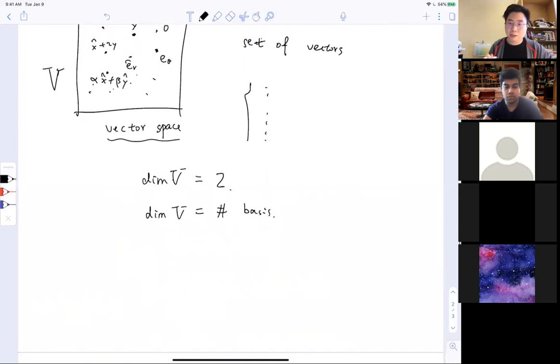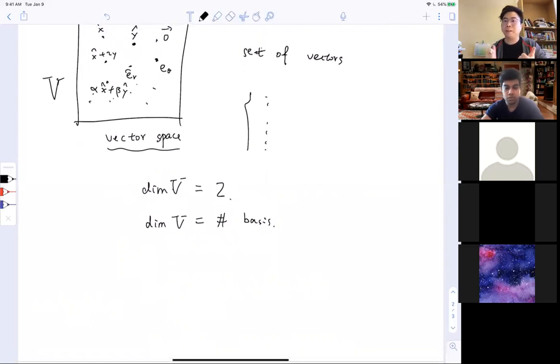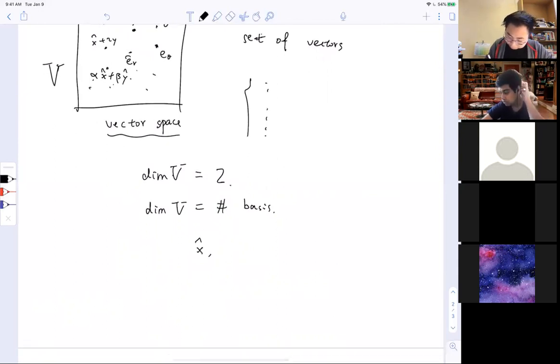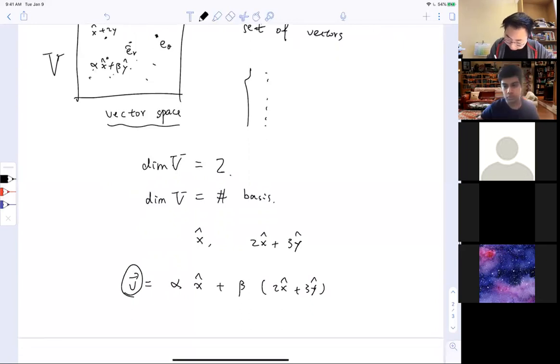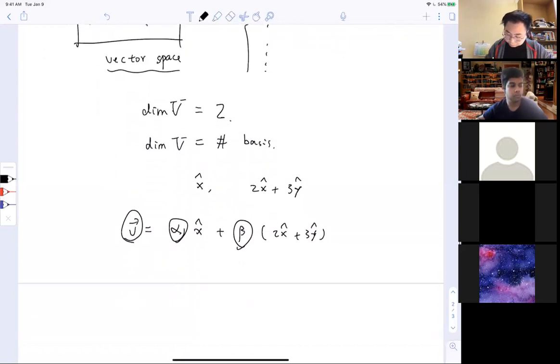In principle, we can choose any 2 linearly independent vectors as bases. For example, x and 2x plus 3y. Of course, we can use them as bases because any vector in 2 dimensions can be expressed using this basis, with some coefficient alpha and some coefficient beta, right?